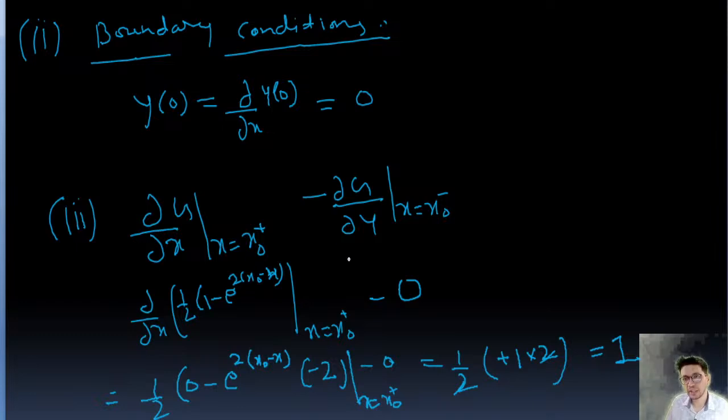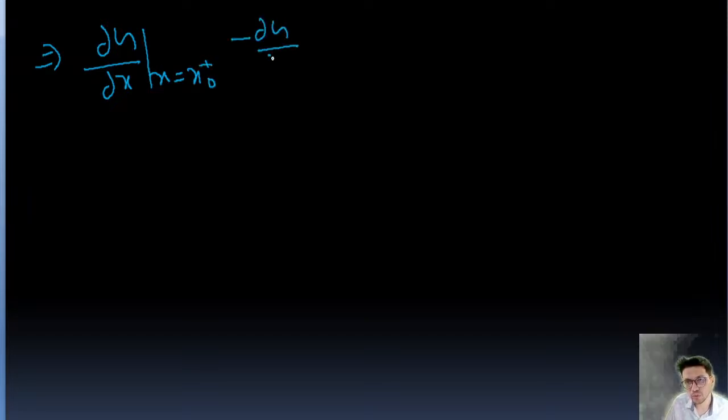So del g over del x at x equal to x naught plus minus del g over del x at x equal to the lesser value, x naught minus, is equal to 1.